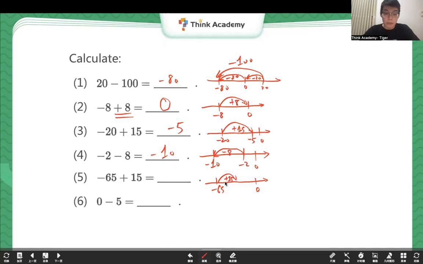So we know that that's going to be having a value of 65 take away 15, which is 50. And of course, it's still not reaching 0 yet, so we need to add a minus sign in front of it. And finally, 0 take away 5, which means that starting from 0, we are moving 5 boxes away from 0. So that's going to be -5.